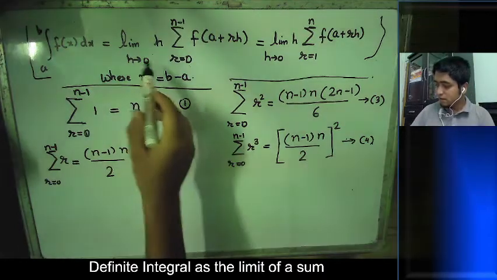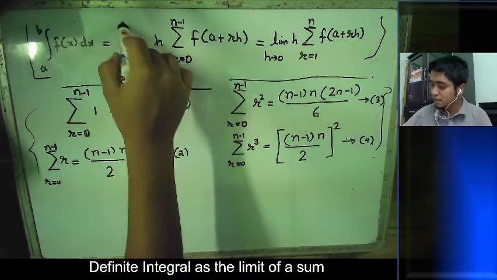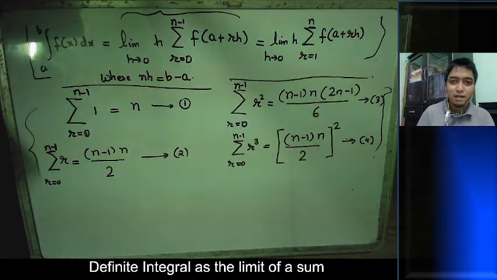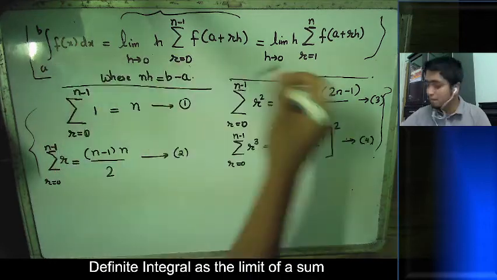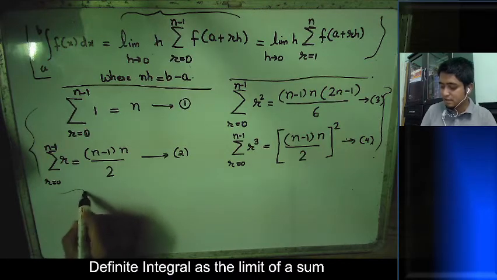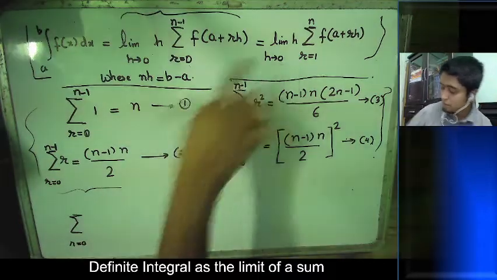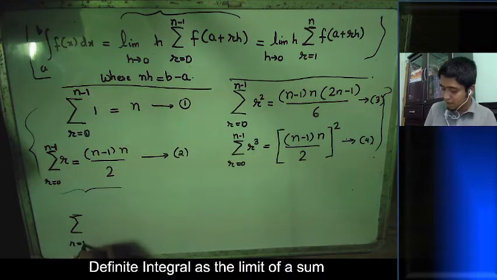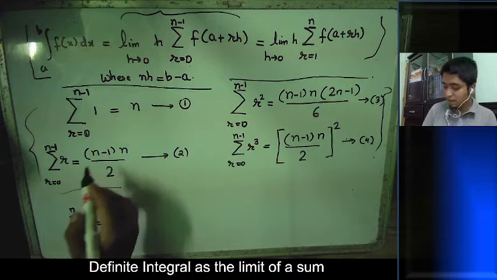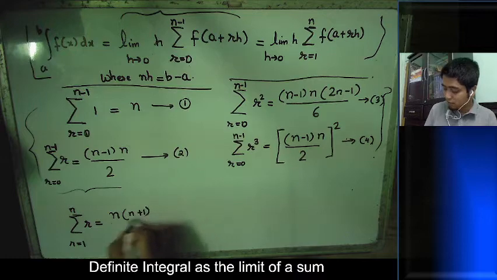These formulas can be used when you are using this one, because over here everything is from 0 to n minus 1. But in case you want to calculate the definite integral by using this formula, then everything over here will change. For example, let us take a look at this one, r equals 0. If you want to use it in that way, then over here it should be r equal to 1 to n of r. But instead of n minus 1, it will be n, and instead of n, it will be n plus 1 by 2.